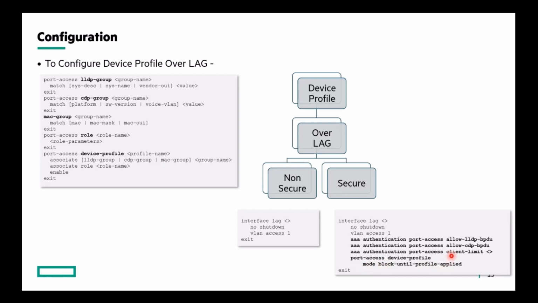And we can set the client limit, like how many clients have to be onboarded on this LAG. Only those clients can be allowed. The rest of the clients will be in a denied state. And to bypass LLDP and CDP for the device profile matching, we enable the allow LLDP BPDU and allow CDP BPDU CLIs. Overall, this is the configuration required for device profile over LAG.